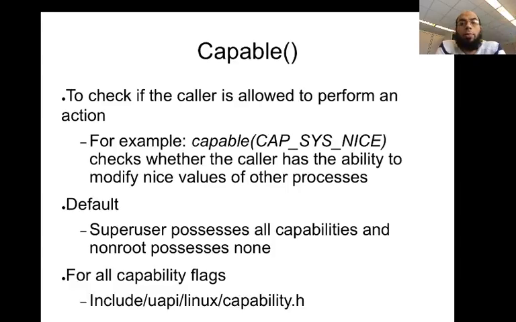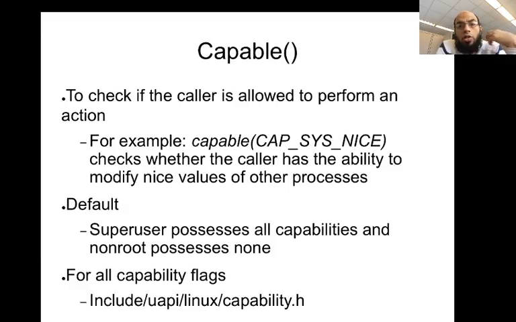So you have multiple applications running, multiple processes running, and you would like some of them to run faster than the others or to take more CPU time than the others. If you change the niceness values of these processes, you can get them to run faster or slower. And capable, CAP_SYS_NICE, is a way for the kernel to check if the user who calls the syscall to change the niceness value of another process is allowed to.